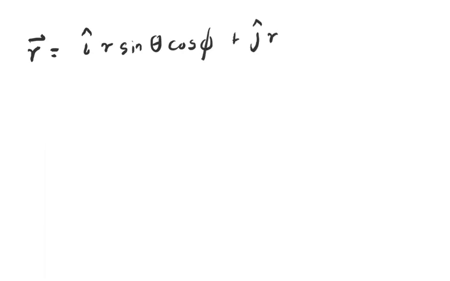So the position vector in spherical polar coordinates is just going to be i hat r sine theta cosine phi plus j hat r sine theta sine phi plus k hat z. But remember z, which is r cosine theta.